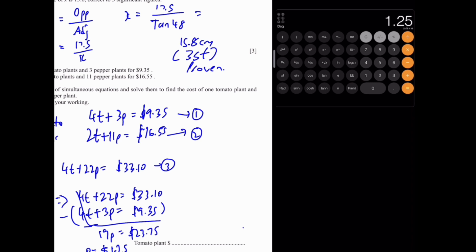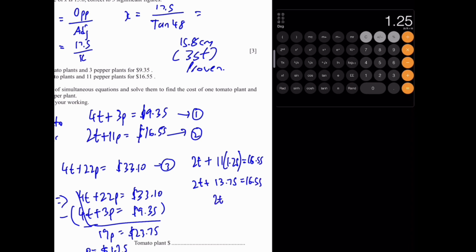Now we can substitute this. 2T plus 11 times 1.25 is equal to $16.55. That means 2T plus 13.75 is equal to 16.55.